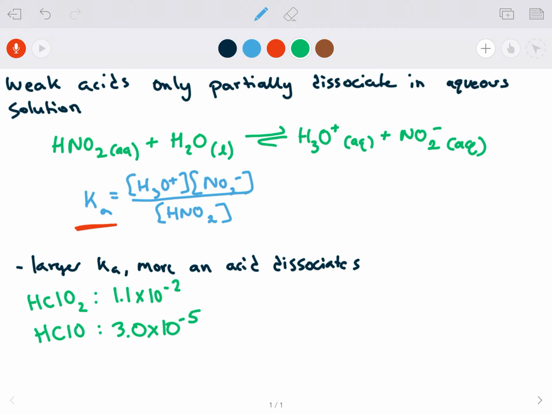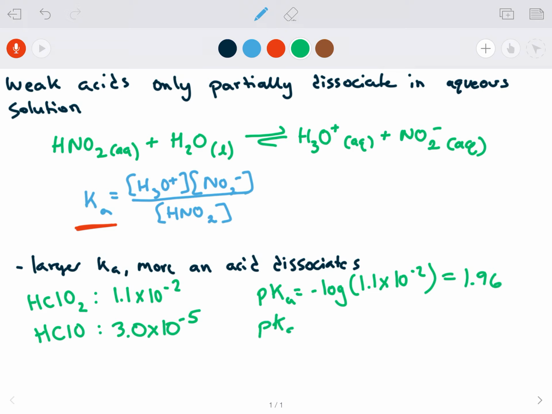Now, if you remember in the video about the pH, you take the negative log of the concentration of the hydrogen ion to get the pH. We can also get pKa. pKa is going to equal the negative log of the Ka. So in this case, 1.1 times 10 to the minus second gives 1.96.